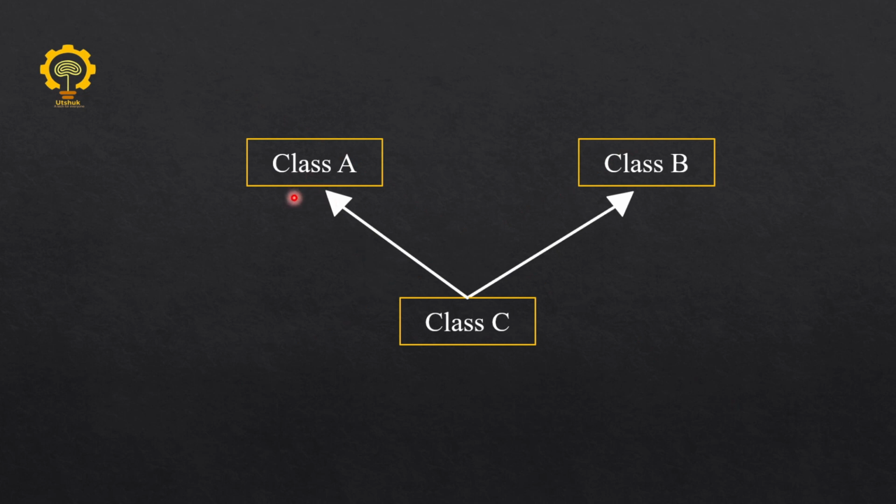There is another concept of inheritance, that is multiple inheritance. In multiple inheritance, there are many parent classes, but a single child class achieves the functionality of many parent classes. But this concept is not supported in Java. So we cannot achieve multiple inheritance in Java.